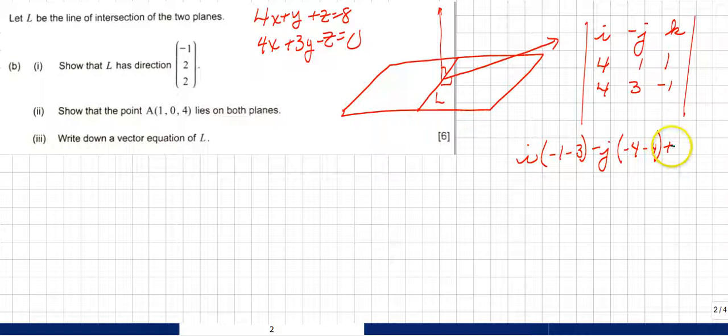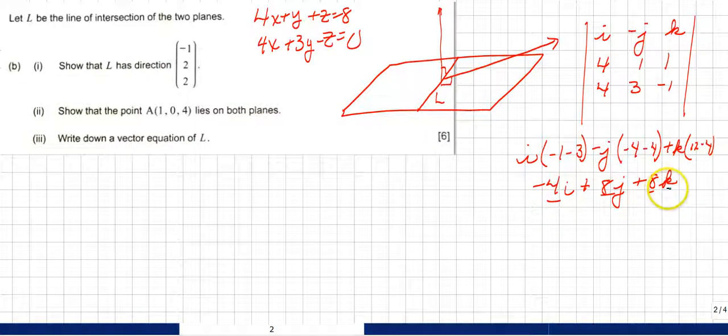And then finally k, cover up that column, and we got 4 times 3, which is 12, subtract 4. So it looks like we end up with negative 4i minus 8j, but both of those are negative, so I'm going to change that to a positive. And then 8k. So there are the components of the vector, which give you the direction.